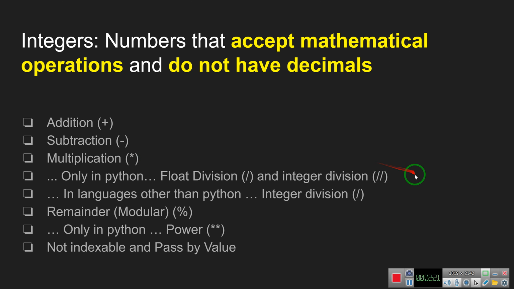We have two types of division. One is integer division and one is float division. In Python, we have a distinct operator for each of them: one forward slash for float division and two forward slashes for integer division. So what's the difference? Float division, let's say 10 divided by 3, gives us 3.333 in normal cases.